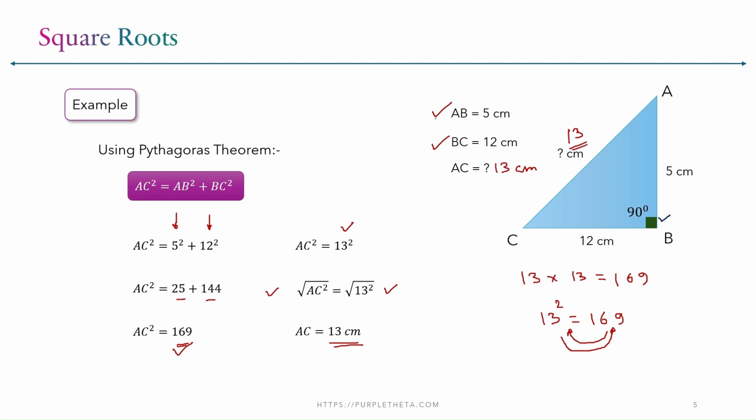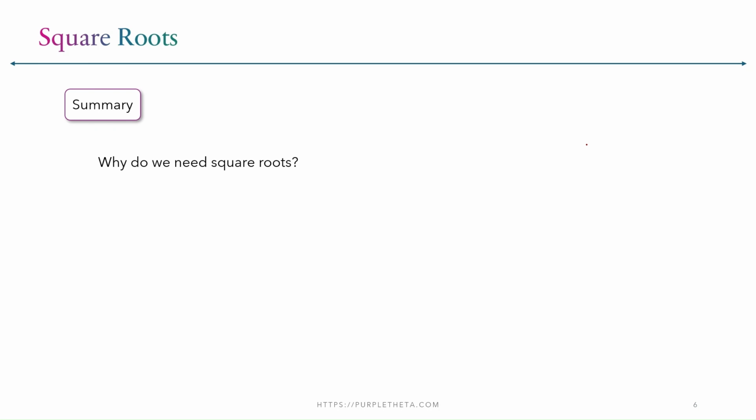Okay, so let us see what we have seen in this video. So we have seen why do we need square roots. We use square roots to find the original number when its square is known. And we learned that the square root of a number is the number which, when multiplied by itself, gives the original number.